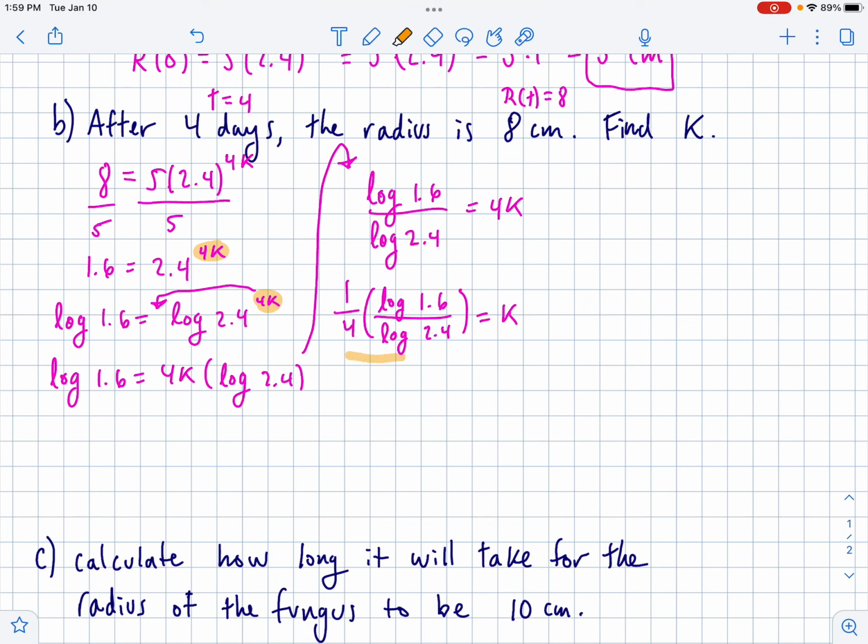So you're going to plug this into your calculator to get 0.134. Notice those are all common logs, so you're just using your common log button.